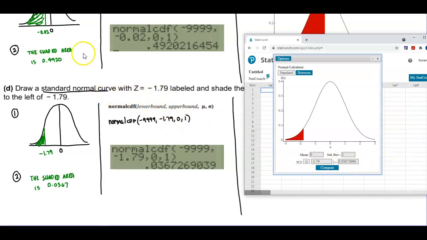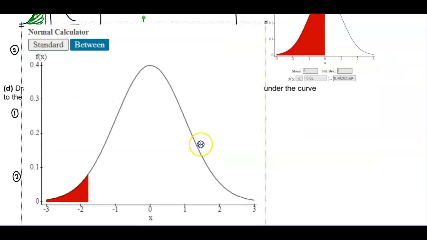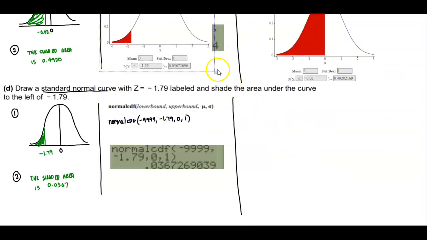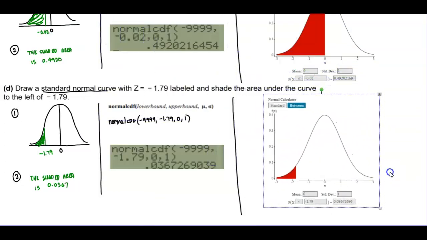And so therefore, there is our result once it loads up. So again, you can see the 3 different ways of being able to get our result.